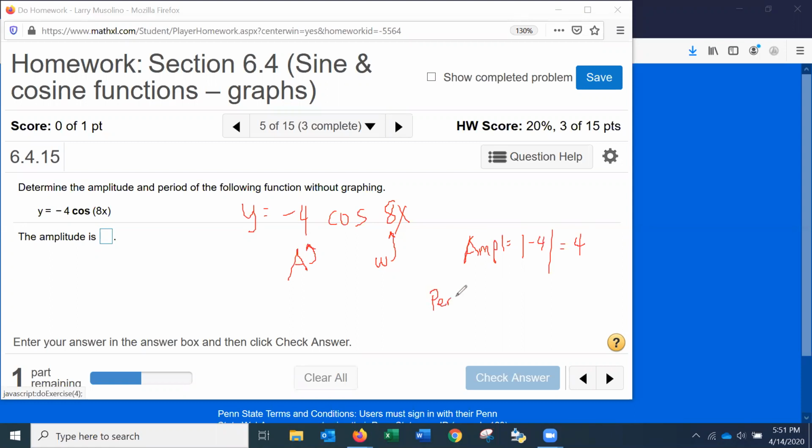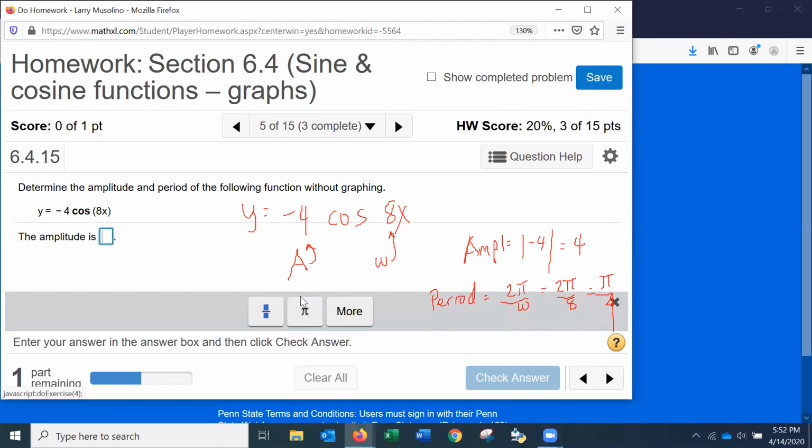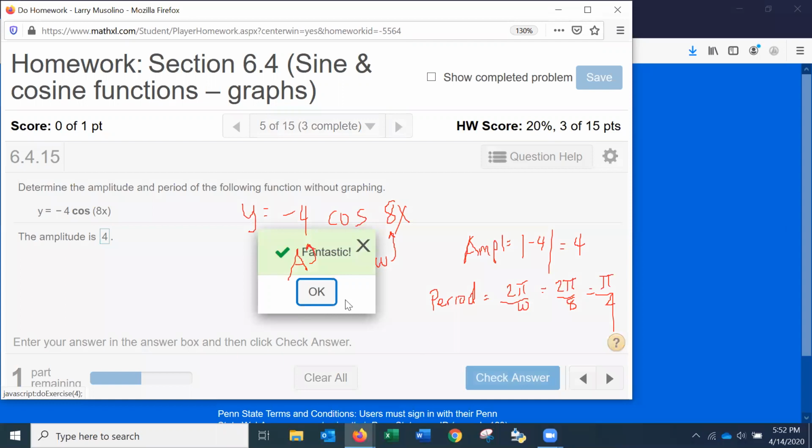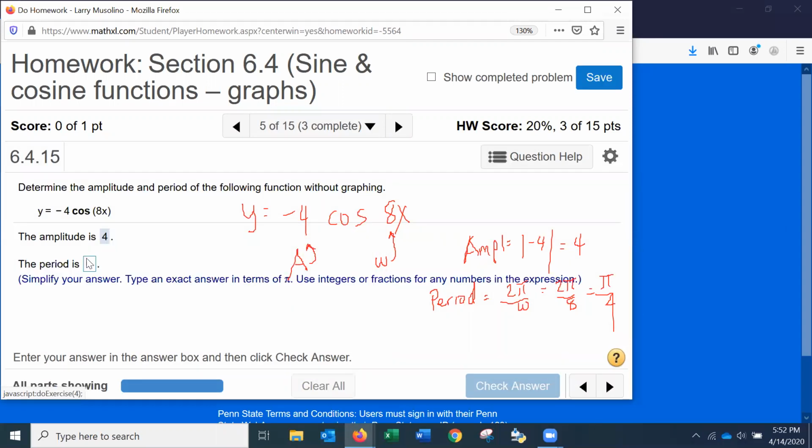And the period is 2 pi over that coefficient omega. So this is going to be 2 pi over 8, or pi over 4. Okay, so we know the amplitude and the period on this. In this example, the amplitude is 4, and the period is pi over 4.